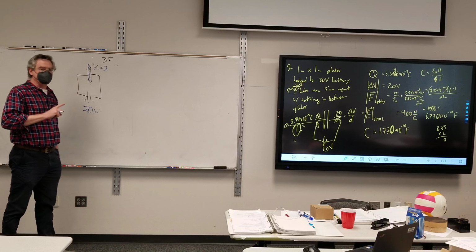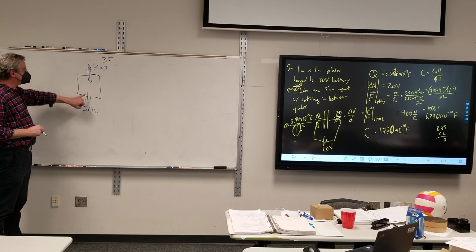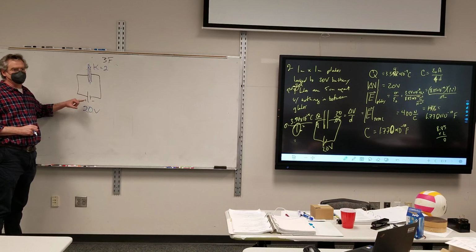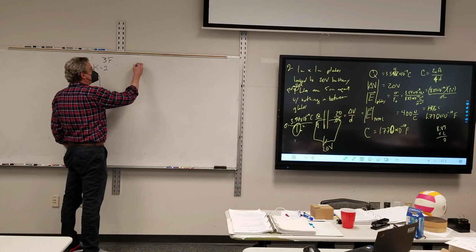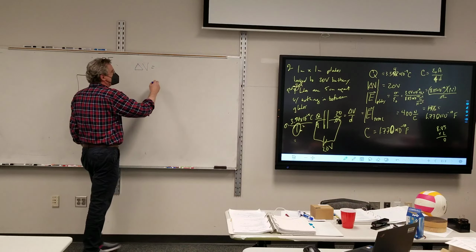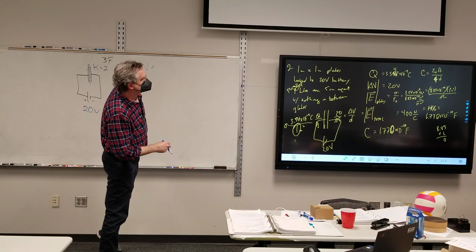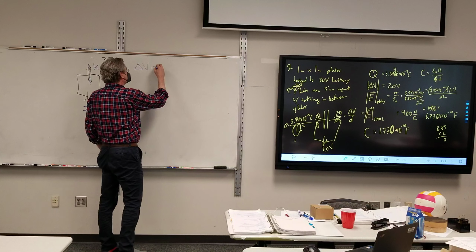A big thing when you're dealing with these problems is that if it's still connected to the same power supply, then my voltage is not going to change. So my voltage is still 20 volts.